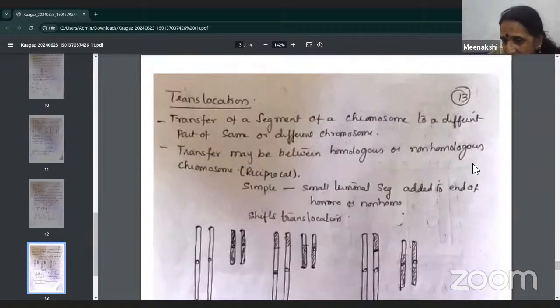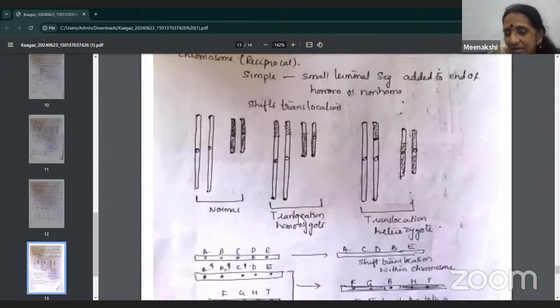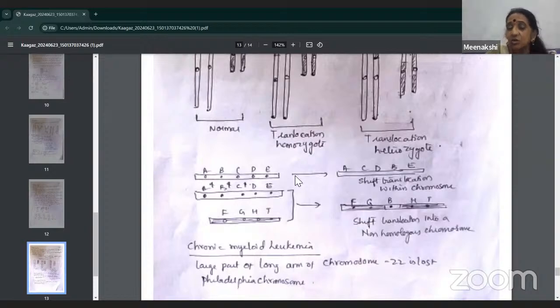That means it is shifted to a non-homologous chromosome, or a simple terminal end can be changed to the non-homologous chromosome, or the genes can shift onto the same chromosome or a different chromosome. So you can see here that the gene B has been added to the second chromosome.